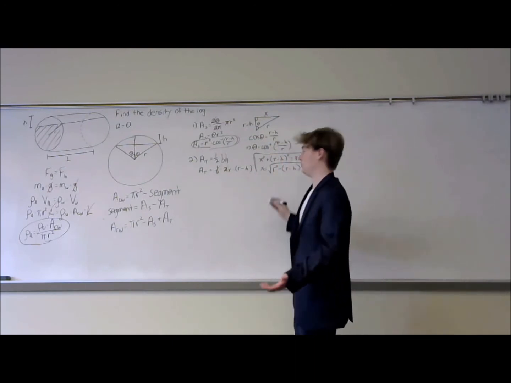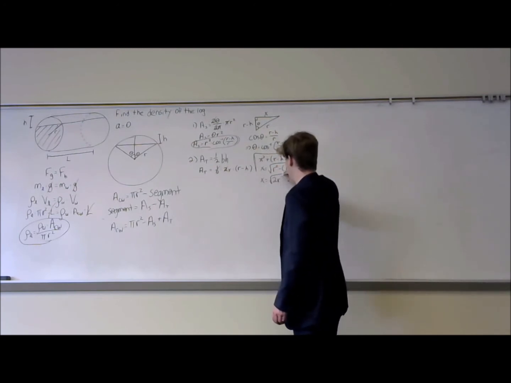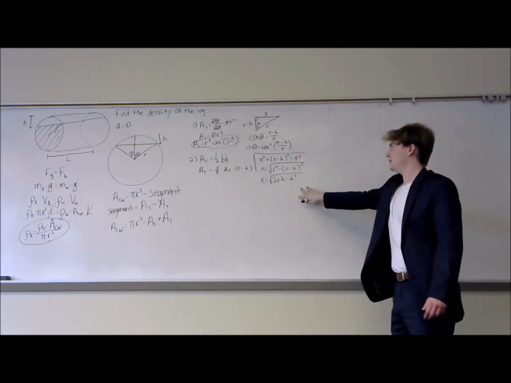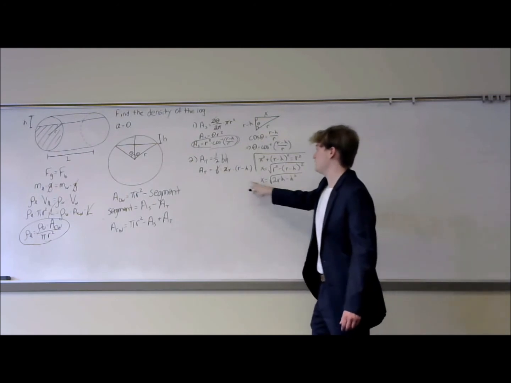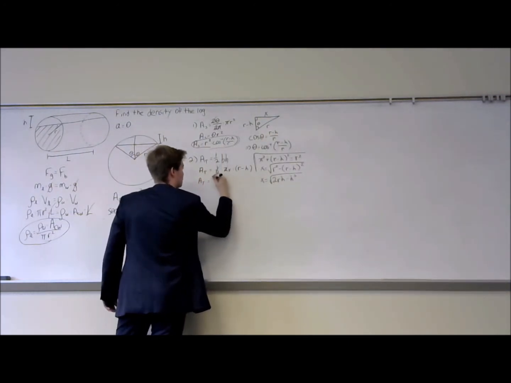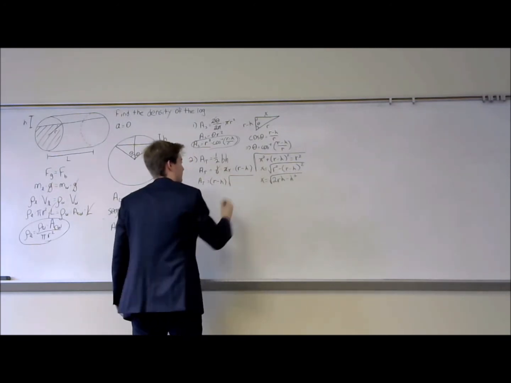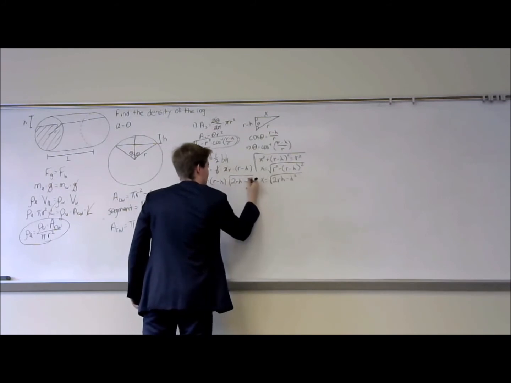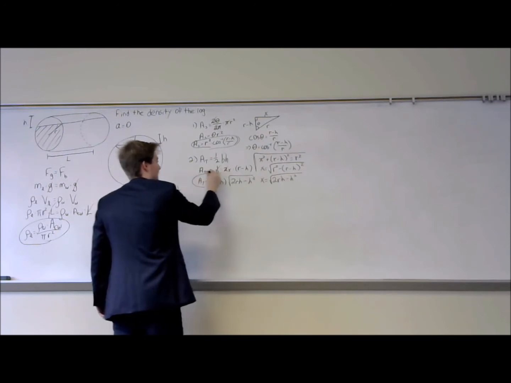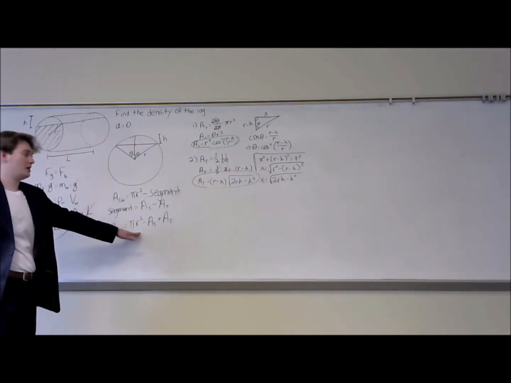And then if we simplify a little more, we get x equals the square root of 2rh minus h squared, just like that. Now we can plug in this formula for x into our area of a triangle, and we get area of the triangle equals r minus h times the square root of 2rh minus h squared, just like that. And that is the second value that we wanted to plug into this equation.